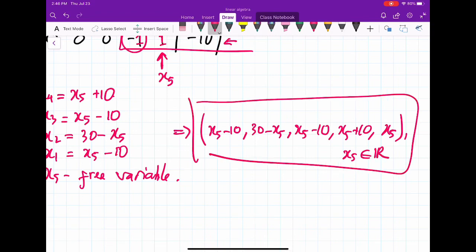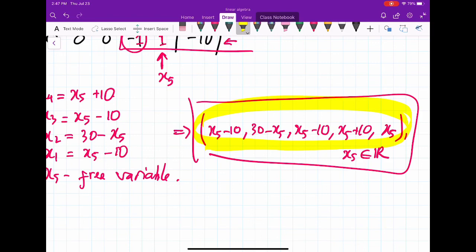Okay, so that means you have infinitely many variants for this network. And all those variants can be described by this formula.